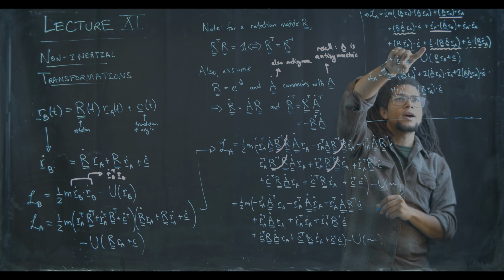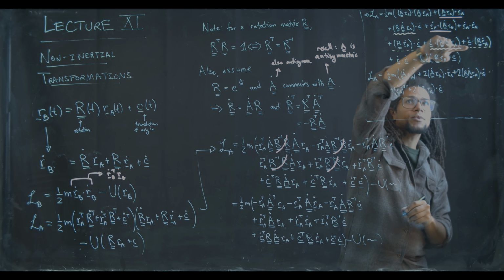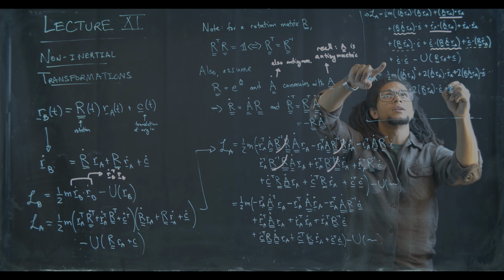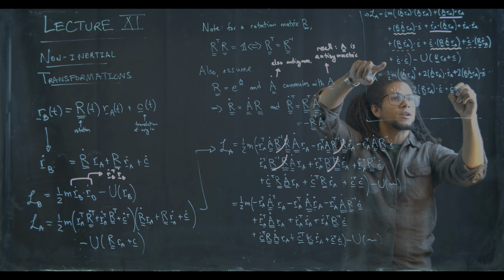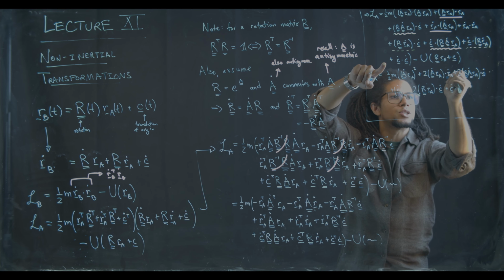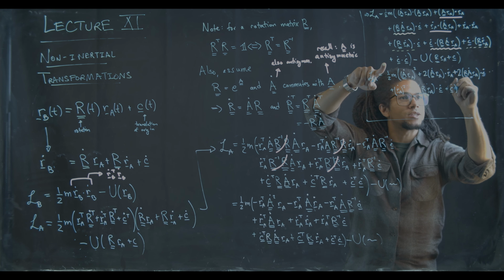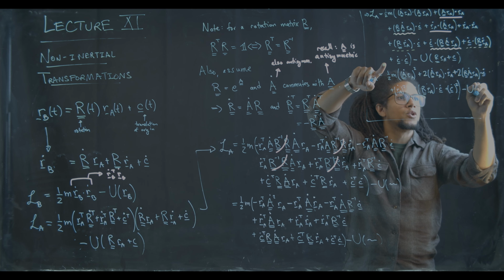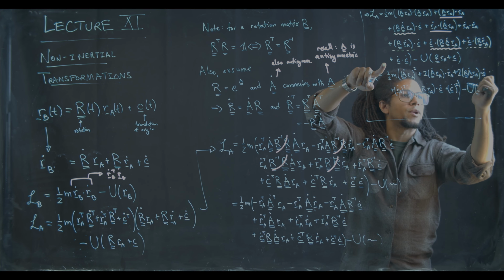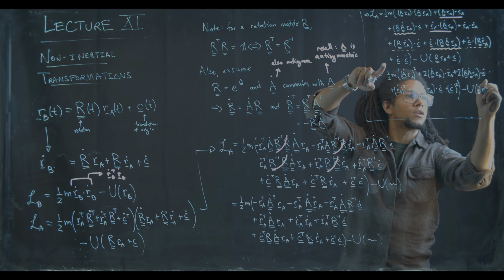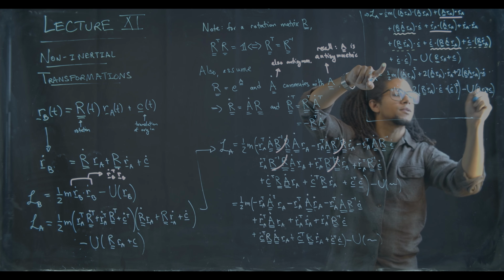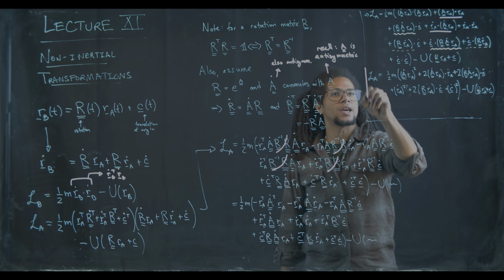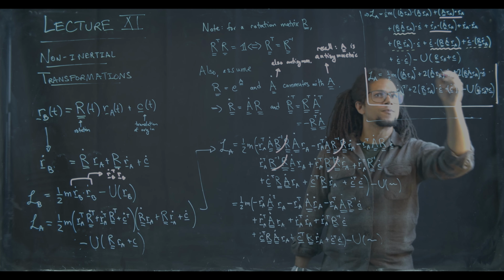Okay, now this term is already taken up, this term is already taken up, and so it's just my last term, plus C dot, didn't close my parenthesis there, dot C dot, and just again, because I'm normalizing my notation here, C dot squared, all of that minus U of, I'll write it out for good measure, R, RA plus C. Great.